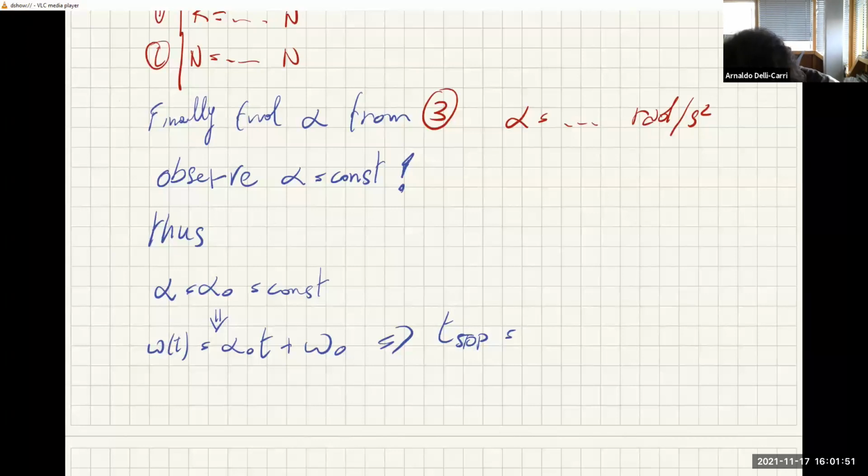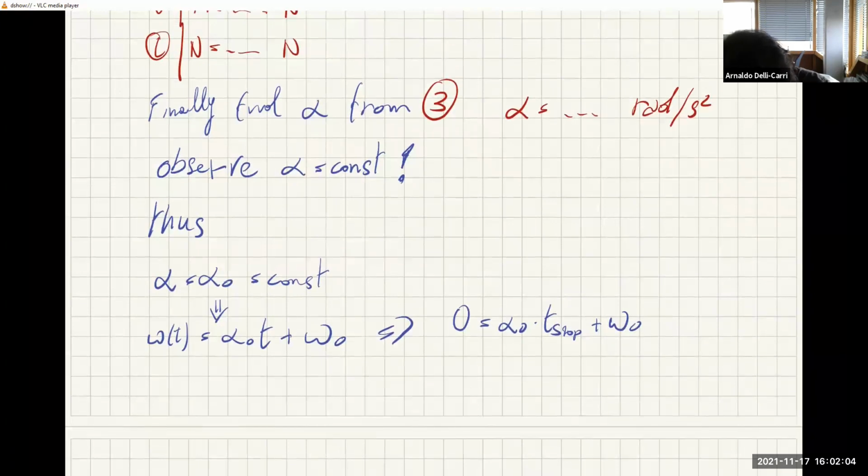So let me rewrite the equation first. 0 equals alpha 0 times the time to stop plus omega 0. And so this means that the time to stop is just minus omega 0 divided by alpha 0.